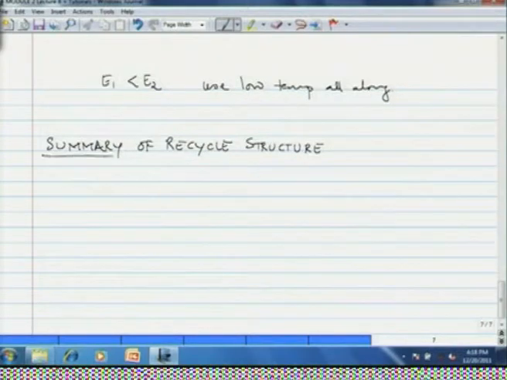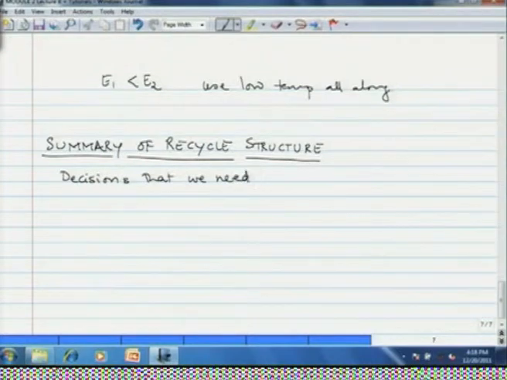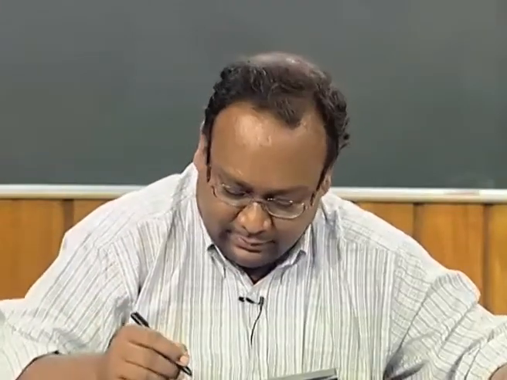We have essentially seen the questions or the decisions that we need to make to fix the recycle structure. The recycle structure of the flow sheet affects the cost of operation significantly, because the recycle structure decides the separation system, okay, and also the cost of recycling.